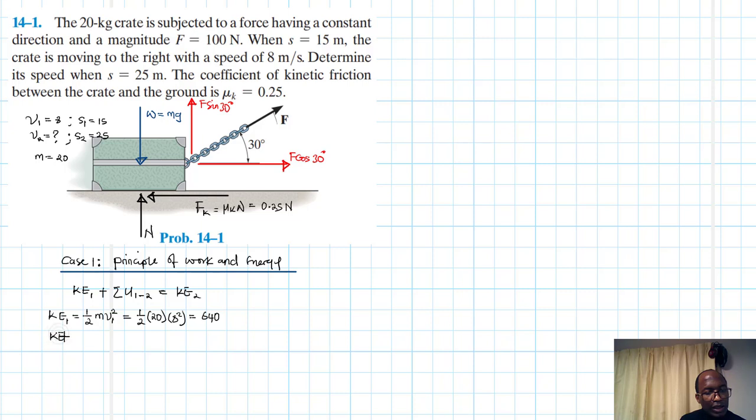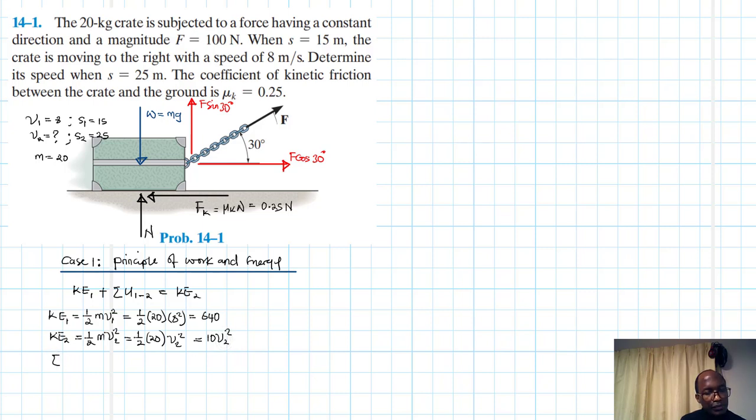Then K2 is half m V2 squared, which is 0.5 times 20 times V2 squared, giving 10 V2 squared.